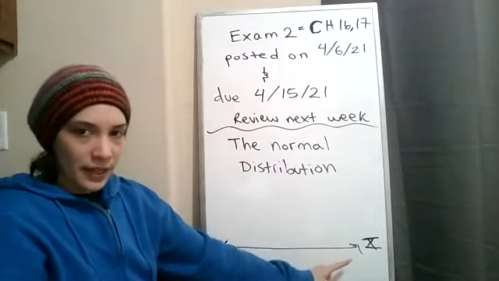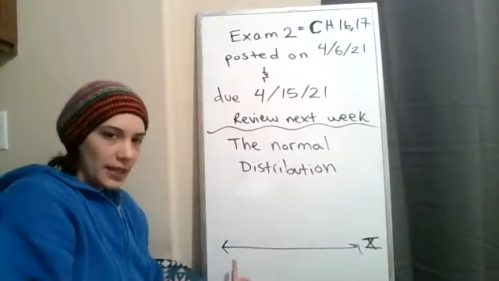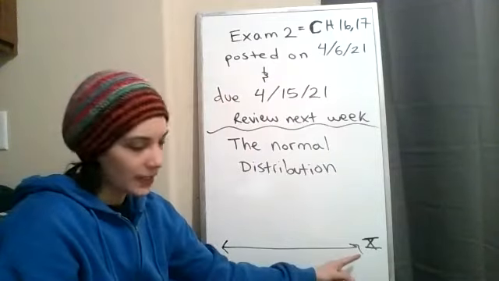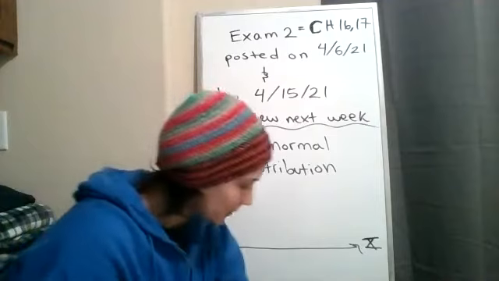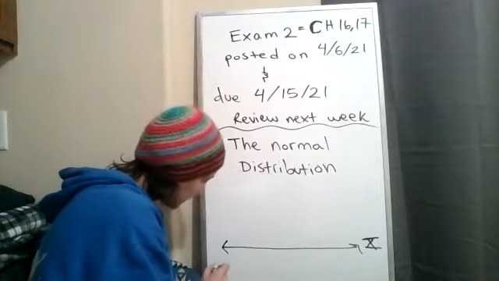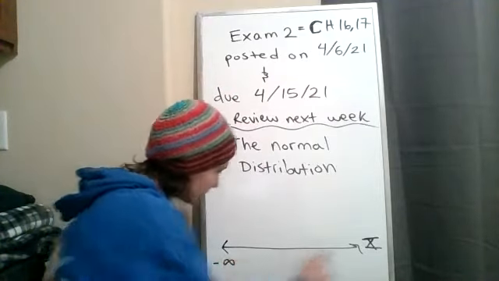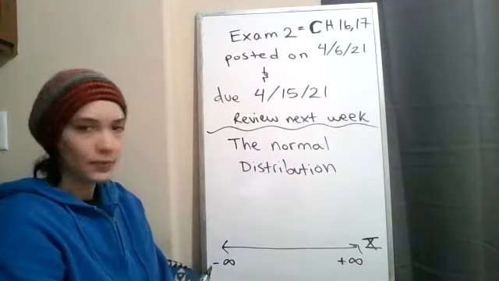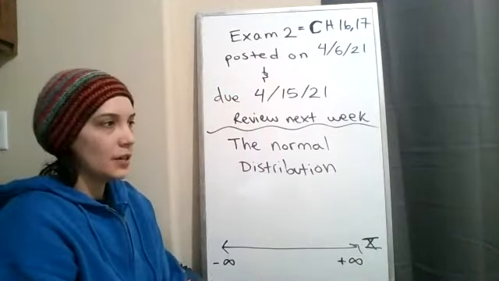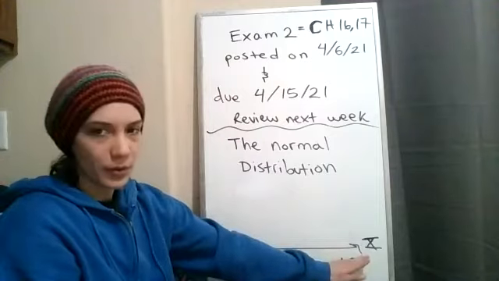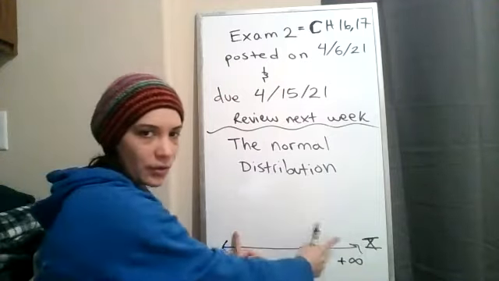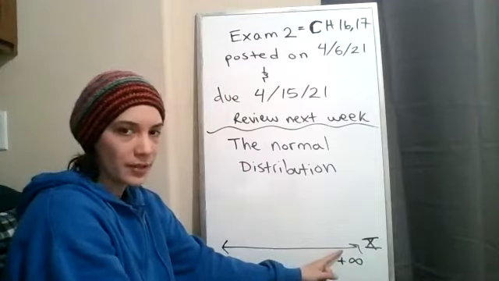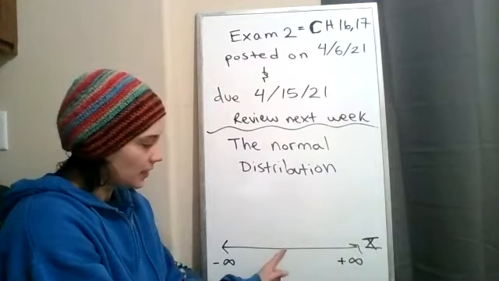Okay. This is a number line for x going from negative infinity to positive infinity. And then for that variable, we have a distribution over all possible values of the variable, and it's centered at the mean.